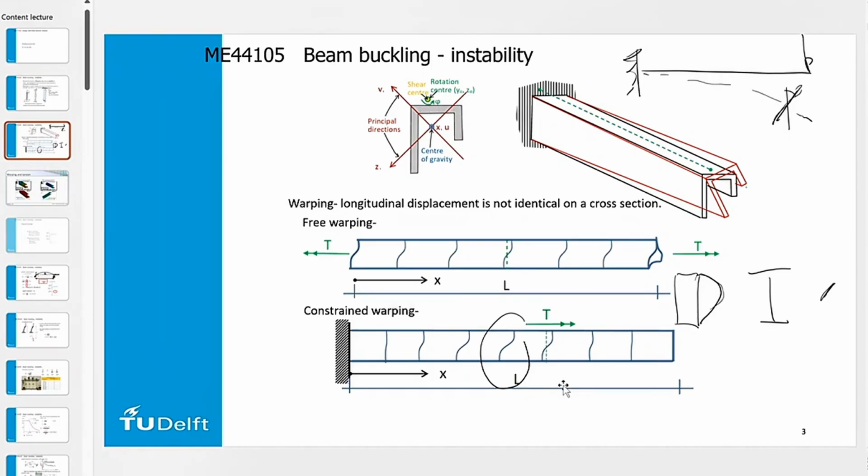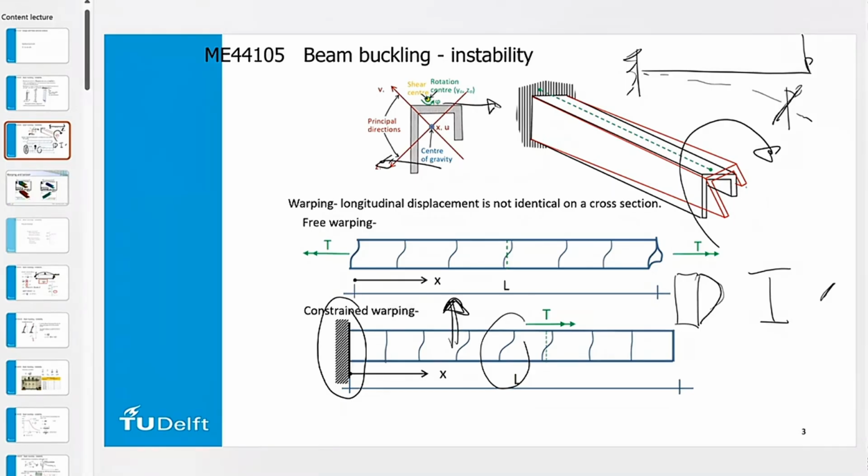For example, if I'm very close to a constraint, the stiff, if I apply a load here, then I have the torsional load, or if I apply a torsion over the actual axis, then on the top I have a force in this direction here, and at the bottom I could have something like this.